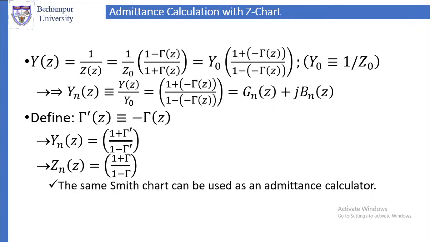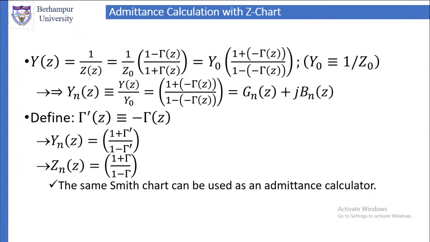Compare these two, Yn and Zn, they have the same form. Yn is (1 plus gamma dash) by (1 minus gamma dash). Zn is equal to (1 plus gamma) by (1 minus gamma). Which means that if I go for an admittance chart instead of the impedance chart, the form will be the same. This implies that the same Smith chart can be used as an admittance calculator instead of an impedance calculator, because the form of Yn and Zn are the same. The expressions are not the same, but the form of the expressions is the same.